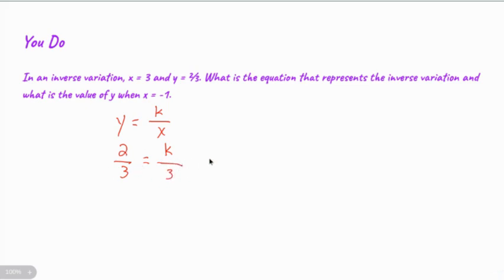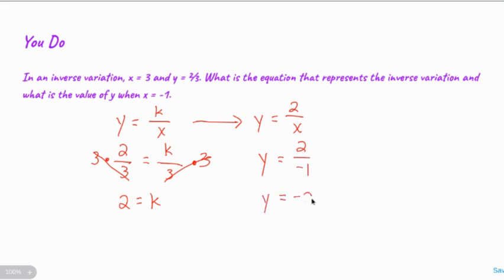Now, this is actually looking pretty obvious because we have the same denominator, but again, for the sake of practice, we'll multiply by 3. These will also cancel, and we'll get 2 equals k. So our equation is 2 divided by x. And then we'll throw in negative 1 for the second part of our question: 2 divided by negative 1, and y is equal to negative 2.